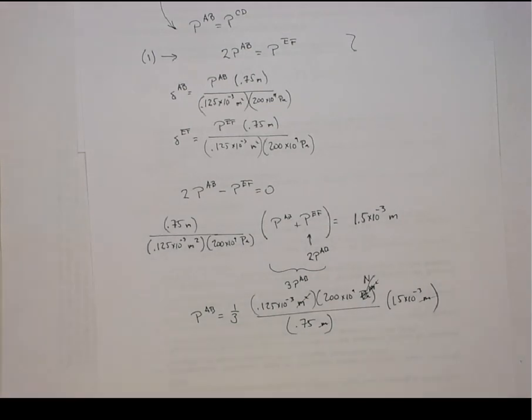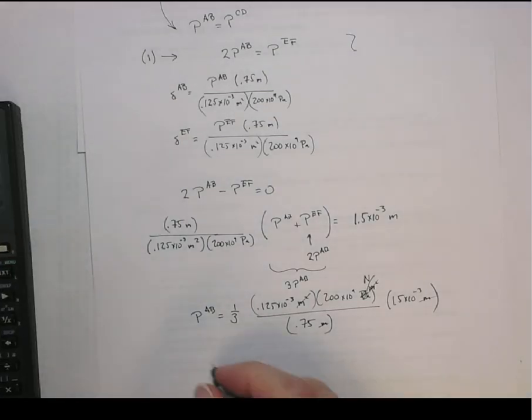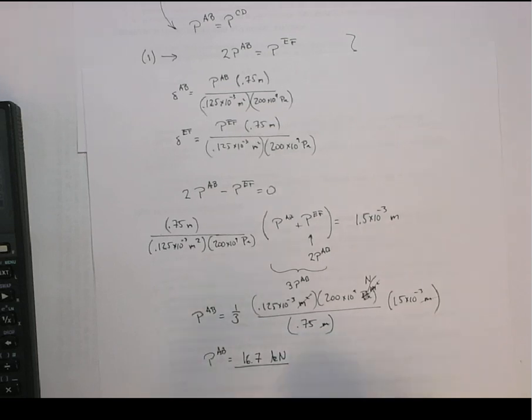So when I do that on the calculator, PAB is actually equal to 16.7 kilonewtons.